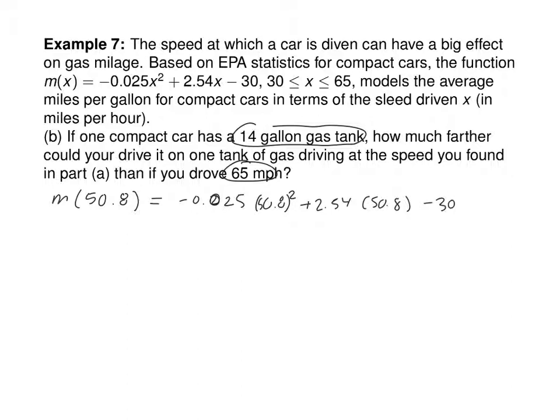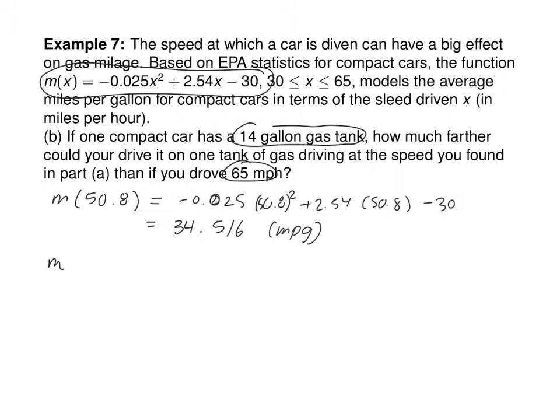Is it 2.54? Yeah, because I'm plugging the 50.8 into this equation. Yep, it is 2.54. And given a calculator, you could do that, right? When you do that, you get 34.516, that's your miles per gallon.